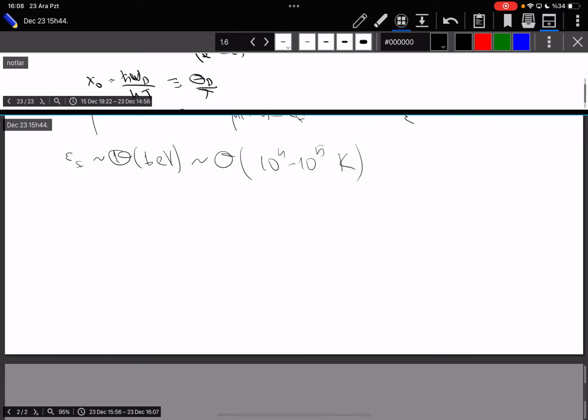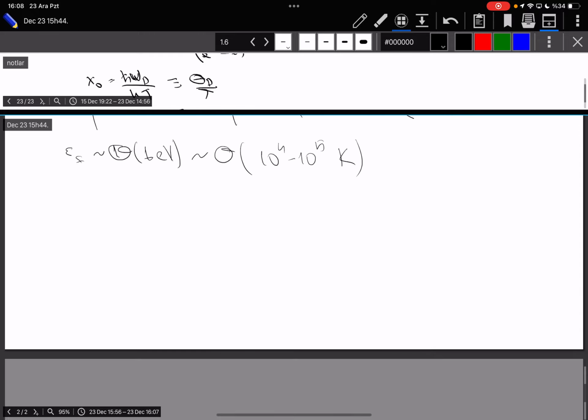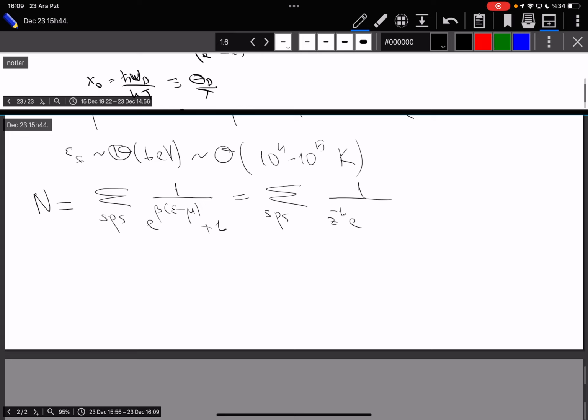And as usual, well, let's start with the number of particles. This is sum over single particle states of 1 over e to the power beta (epsilon minus mu) plus 1, or we can write it as sum over single particle states of 1 over z inverse e to the power beta epsilon plus 1.